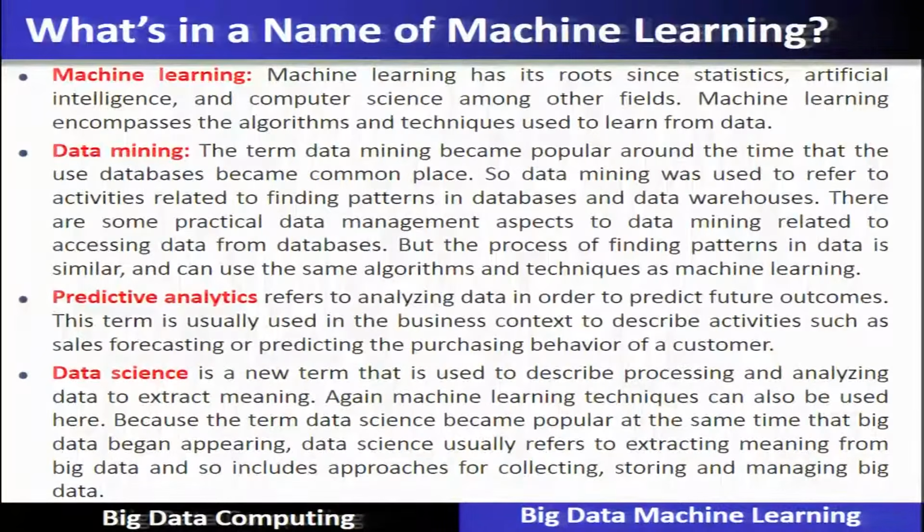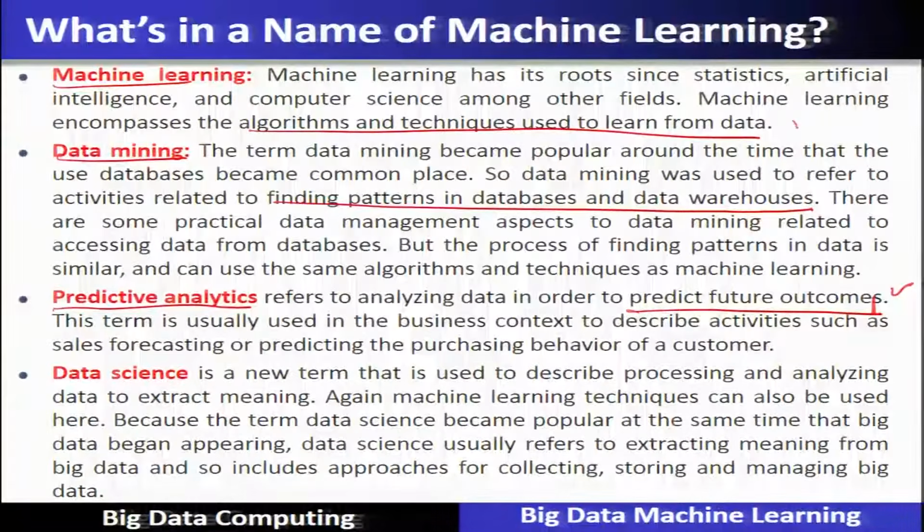Predictive analytics also uses machine learning, but it is the term used to predict future outcomes. And data mining is to find the patterns in the databases and data warehouses. And machine learning is about the algorithms and techniques used to learn from the data.